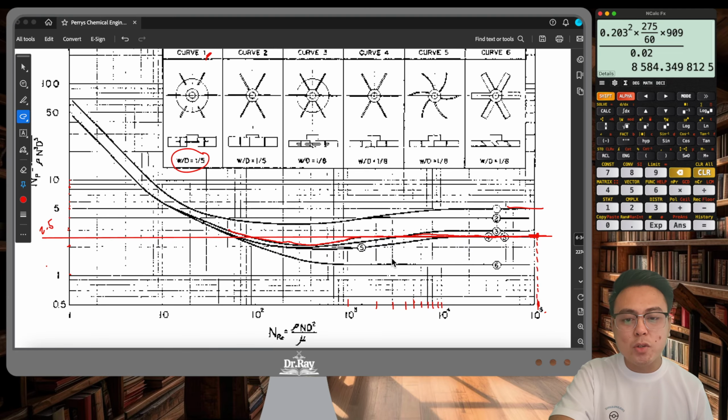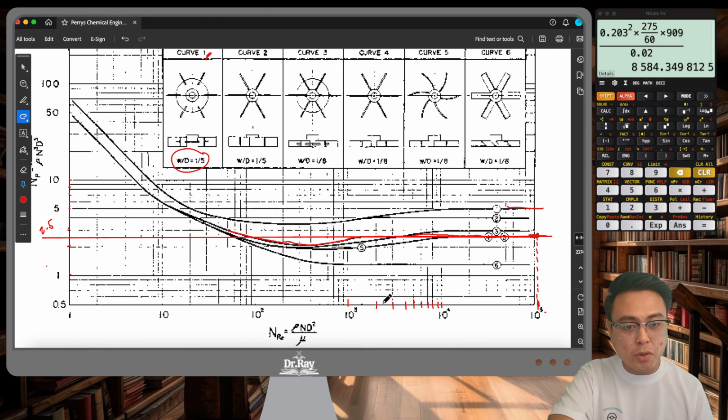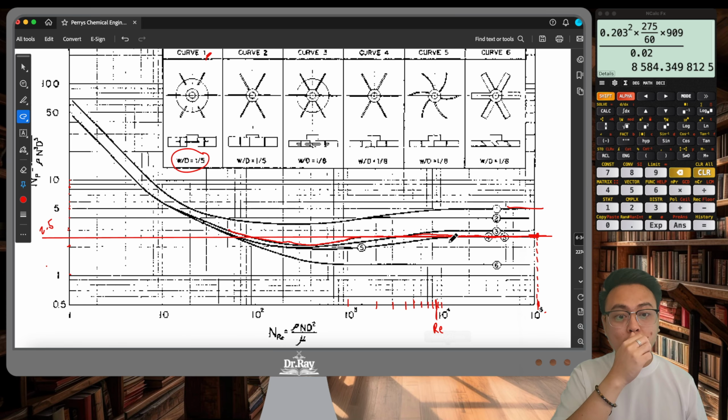So our value is 8.6 times 10 raised to 3. 8.6 is somewhere right here. Okay. This is my point for my Reynolds number.